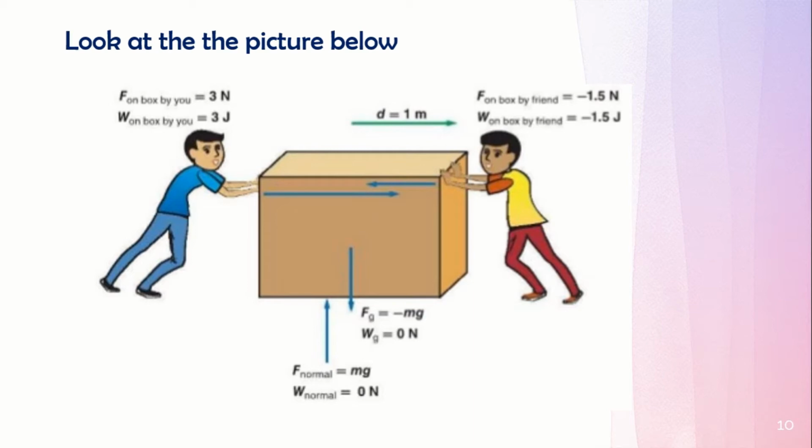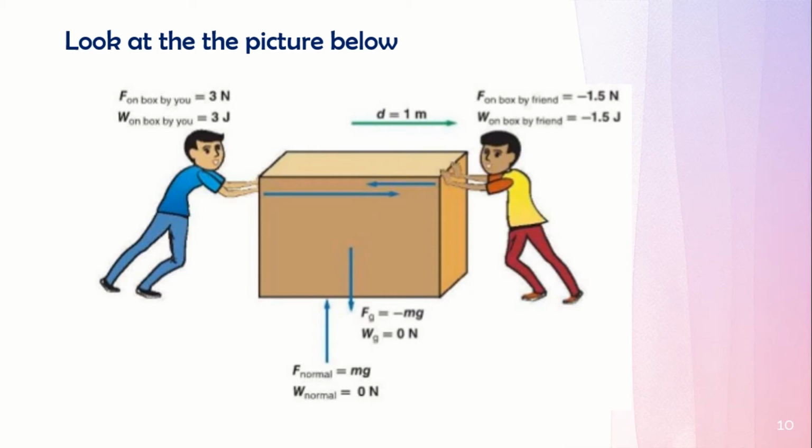F on box by you equals positive 3 newtons because the direction of your force is the same as the direction of displacement. And then work on box by you equals 3 joule from F times D. 3 newtons times 1 meter equals 3 joule.